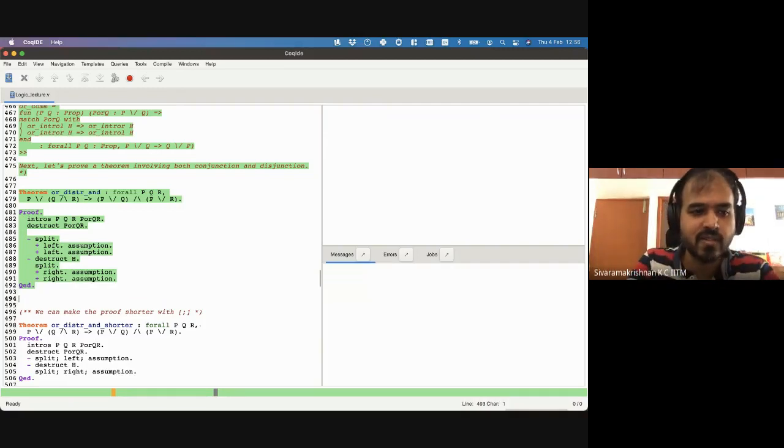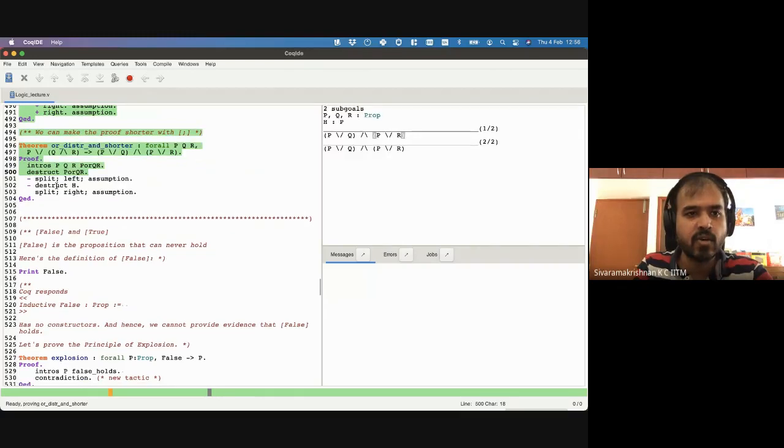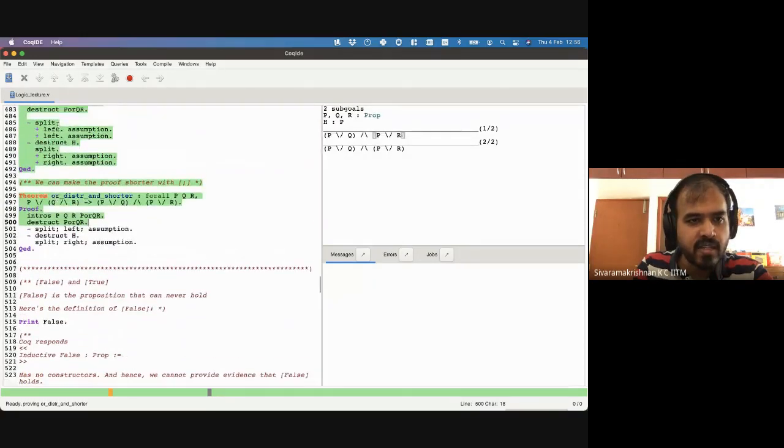Okay, so this proof was a little bit tedious. We can make it simpler without using any advanced tactics by just using tacticals, right? So we have left assumption here, left assumption, right assumption, right assumption. So we can combine this using this tactical semicolon. So after splitting here, we do left and then do assumption, right? So we can use the tactical semicolon to say after splitting, you will get two subgoals.